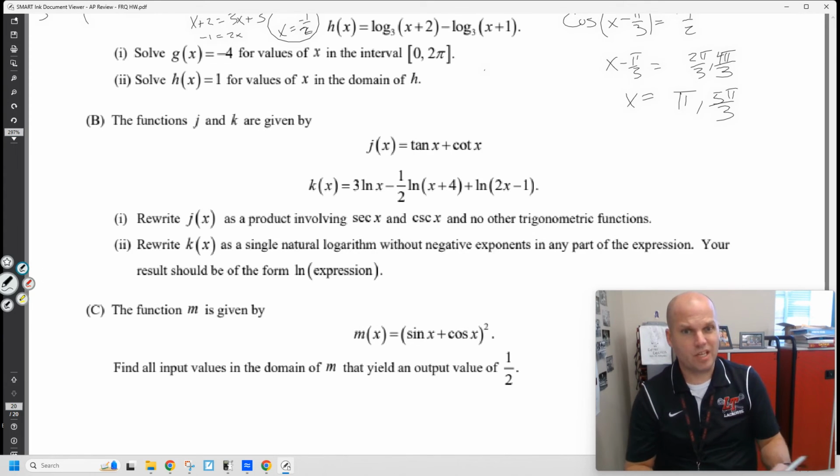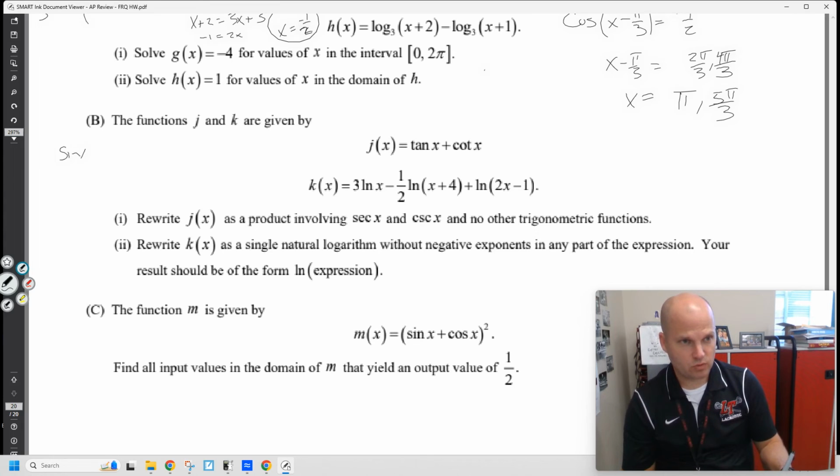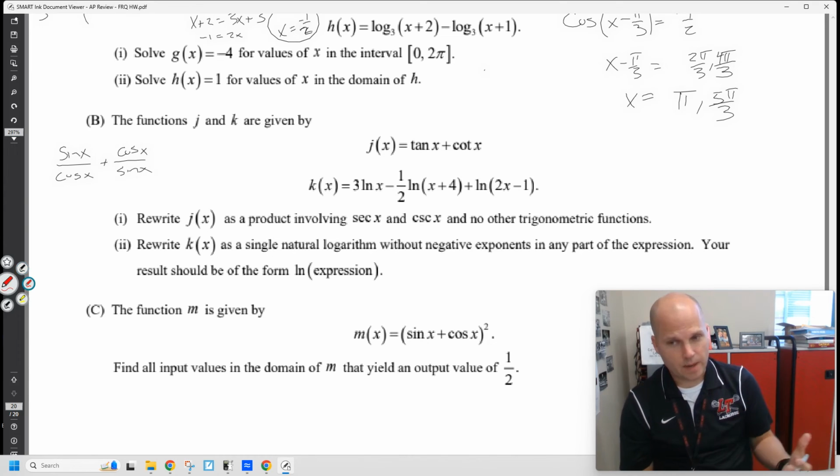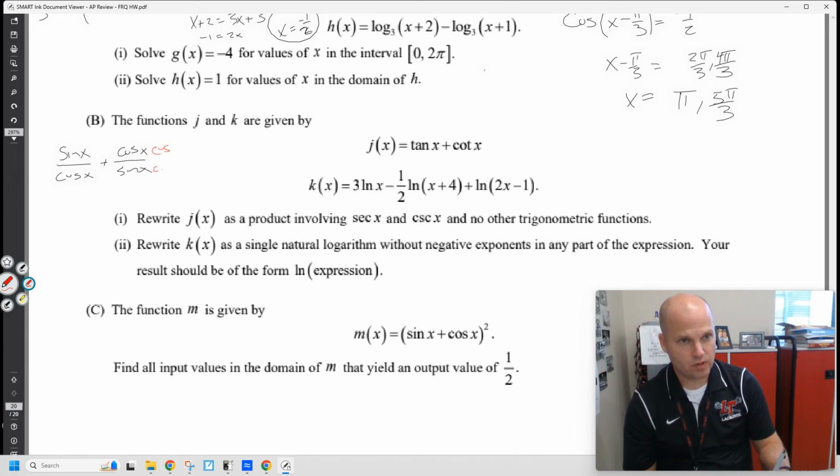Okay, secant, cosecant. Let's see if this one works out. Sine over cosine plus cosine over sine. We need a common denominator. So I'm going to multiply this one by cosine over cosine, and this one by sine over sine.